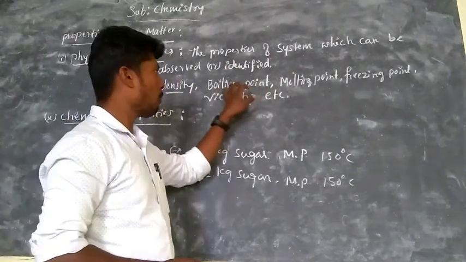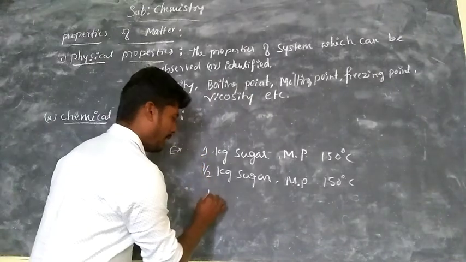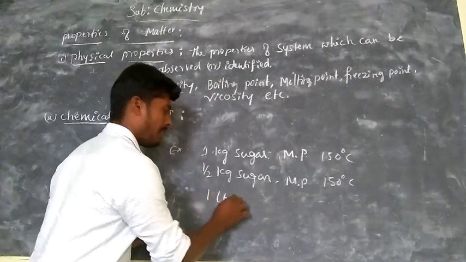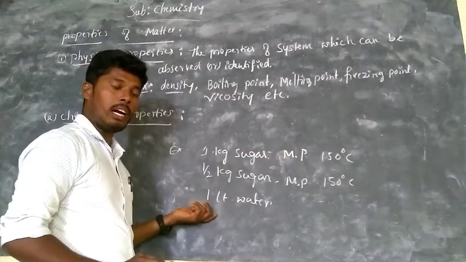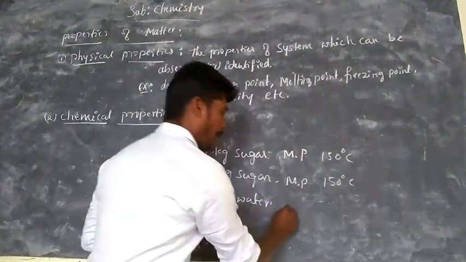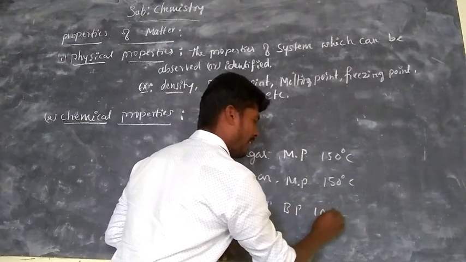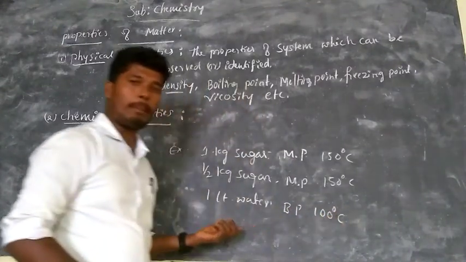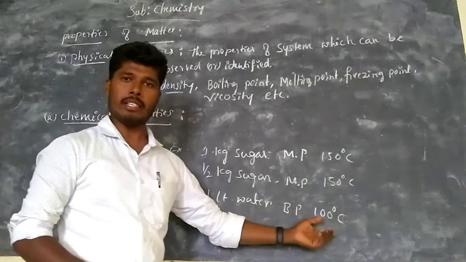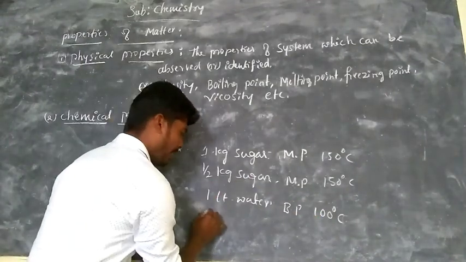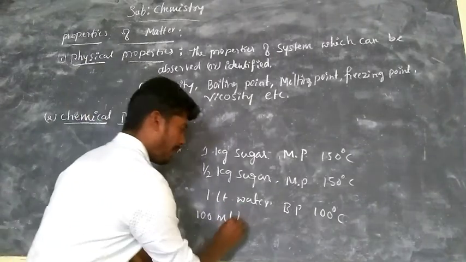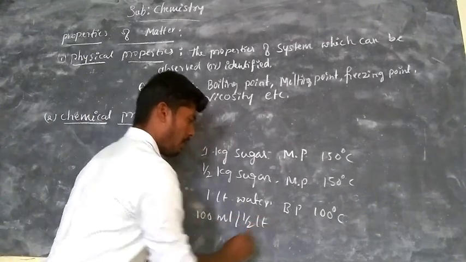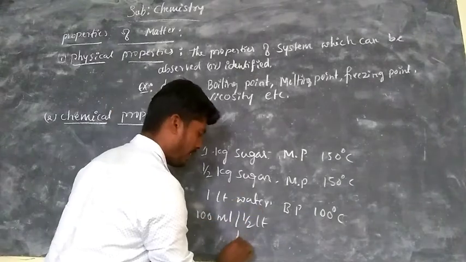Similarly, take boiling point. Take 1 liter of water. It is very simple to understand. You know the boiling point of water is 100 degrees Celsius. Similarly, take 100 ml or half a liter of water.